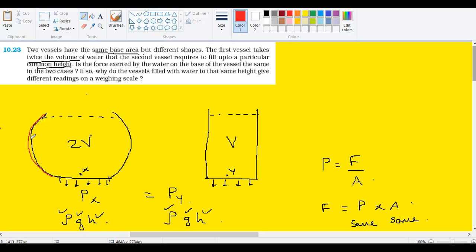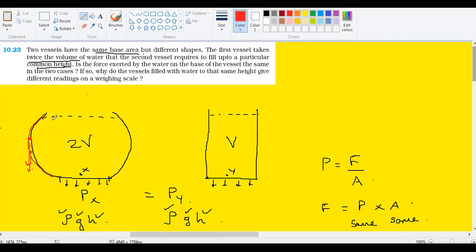Okay. Suppose if I take a molecule over here, right? You can imagine that there will be some gravitational force acting this way. So similarly, if you take this molecule over here, this will also be giving some force.